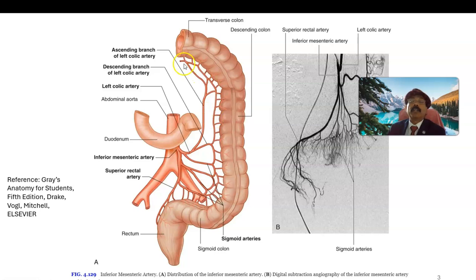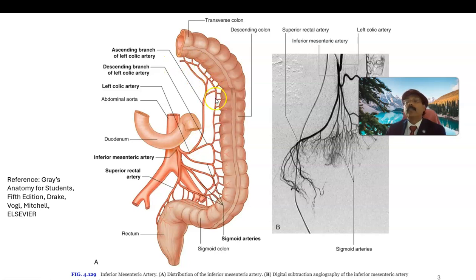Okay, marginal artery of Drummond. The marginal artery is also called the juxtacolic artery. It is also present in the transverse colon, just inferior to the transverse colon, just to the right of the left of the ascending colon. This marginal artery makes an anastomotic channel between the inferior mesenteric artery and superior mesenteric artery.